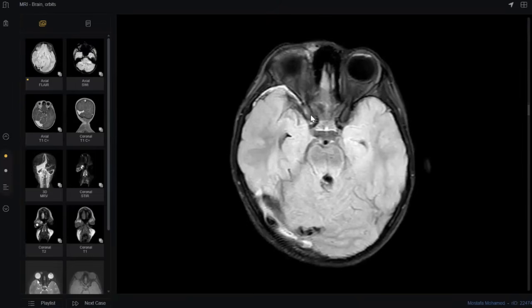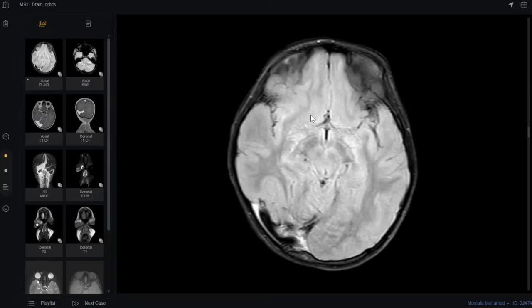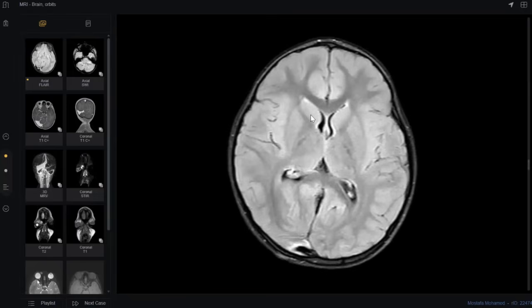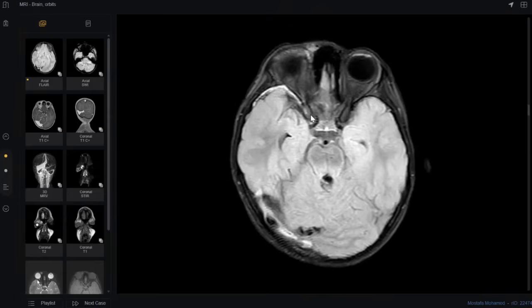Yes, normal fluid seen, and I can see there are some hyperintense signals in the walls of the transverse venous sinus on the right side, or adjacent to the transverse venous sinus.